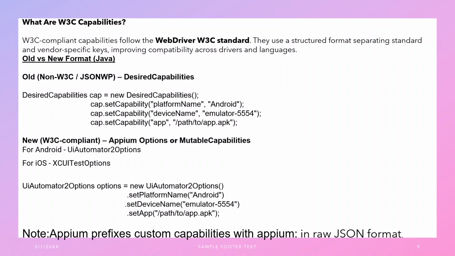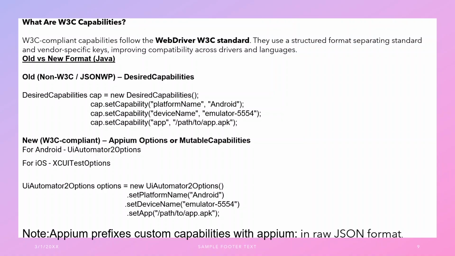In the new W3C compliant capabilities, we are separating the Android capabilities and iOS capabilities with separate classes. As I told, we are using UI Automator 2 options for Android and XCUITest options for iOS. And here a note says, Appium prefixes the custom capabilities with the appium prefix.